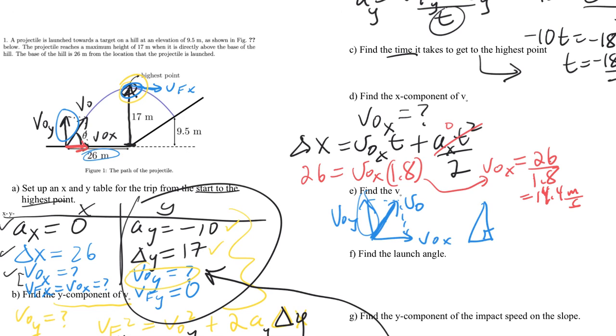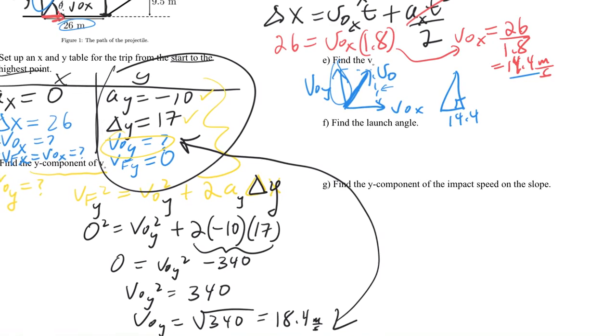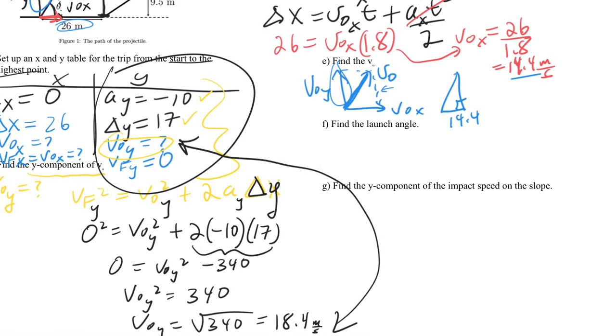You move this piece over where the dotted line is here, and you make a right angle triangle. So this is VOX at the base, which we just found to be 14.4, and VOY we found over here to be 18.4.